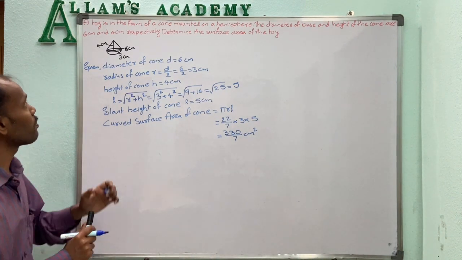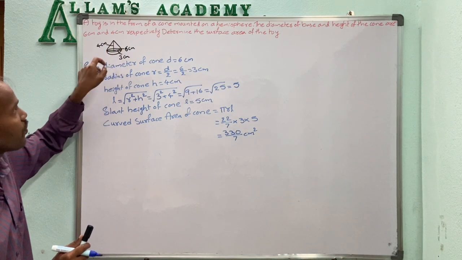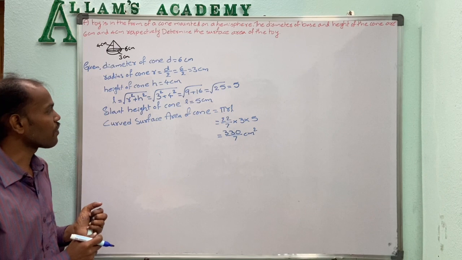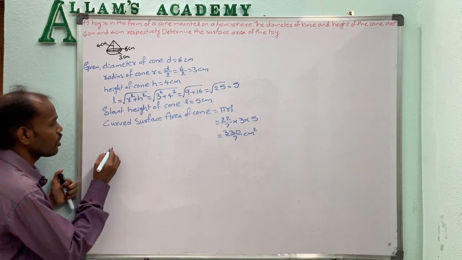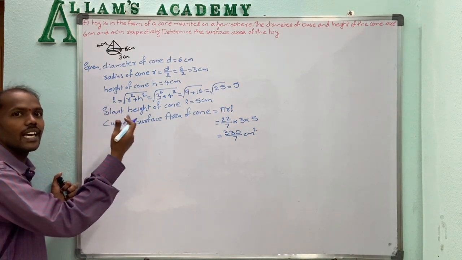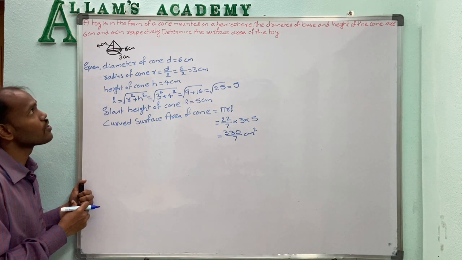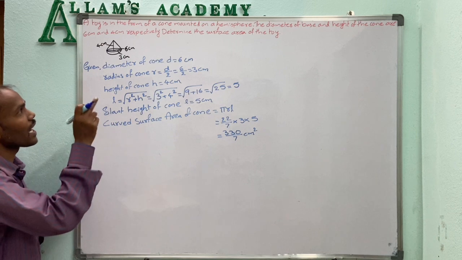Next, the base is in the form of a hemisphere, so we also find that hemisphere's curved surface area. The curved surface area of a hemisphere is 2πr², where r is the radius.